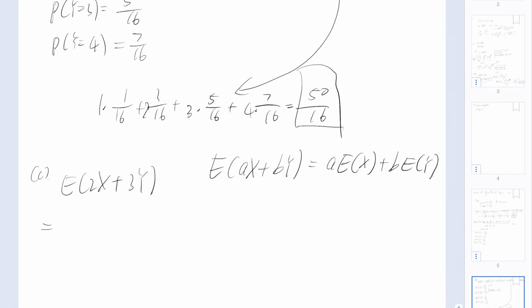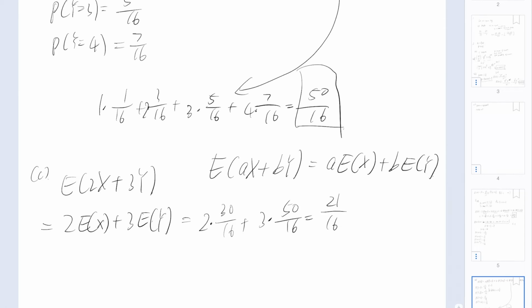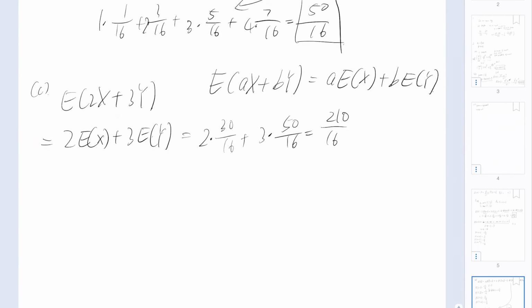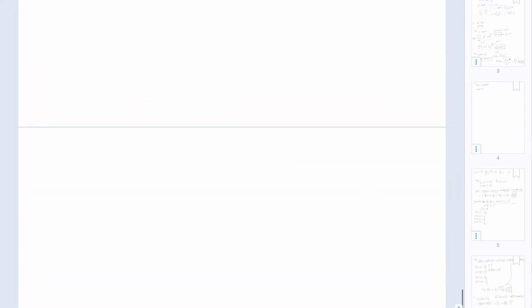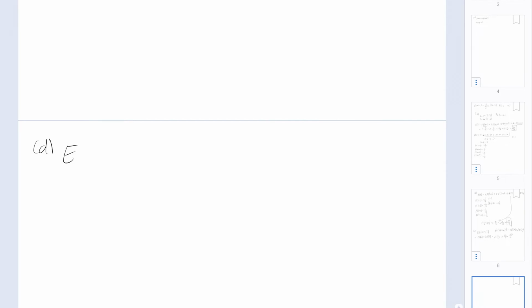So in this case, E of 2x plus 3y is just 2 times the expectation of x, plus 3 times the expectation of y. And we have already calculated the expected values of x and y. So we can just simply plug in the formula here, which results in 210/16.